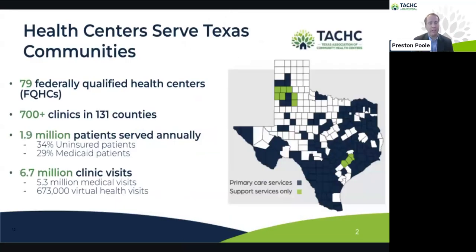Federally qualified health centers, and for the most part in this conversation I'll refer to them as health centers, there are 79 of them in Texas. These are organizations that are part of a federal program under HRSA, and you can find health centers in all 50 states and other territories.